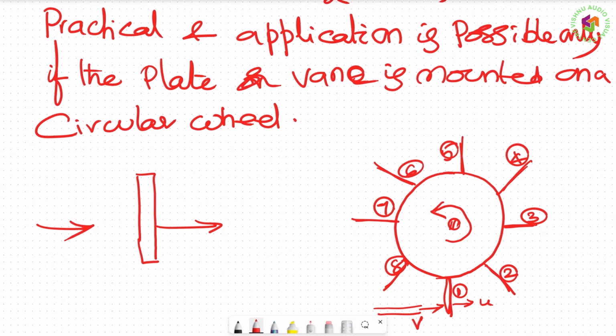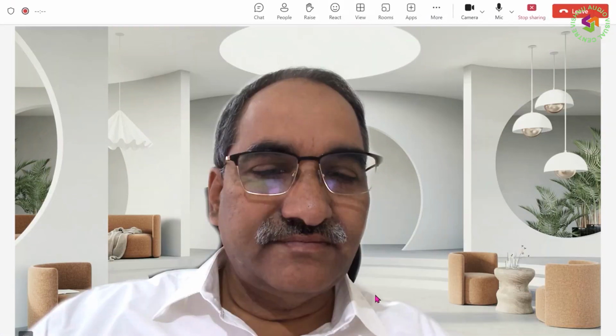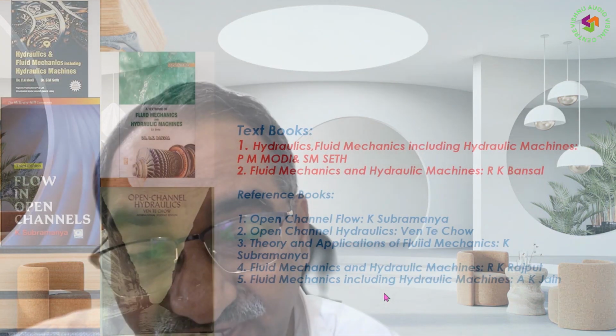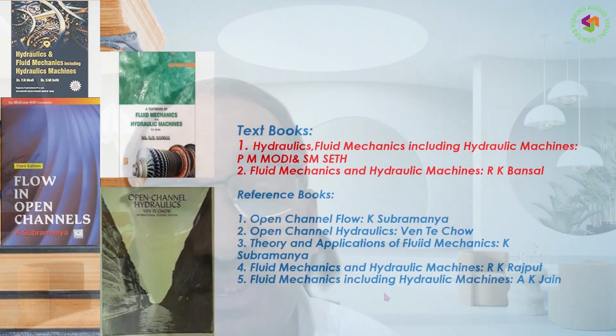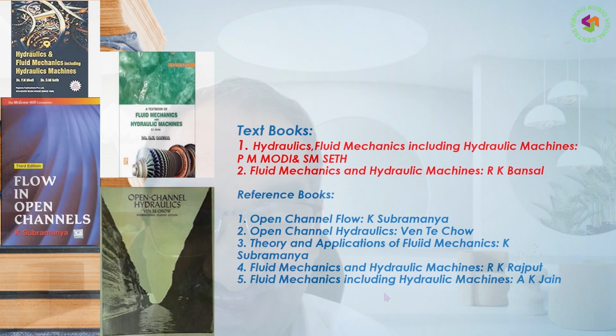I will stop here today, and in the next lecture we will take up the series of flat plates and series of vanes, where I will calculate not only the force, but the work done and the efficiency. After the efficiency, I will calculate the condition for maximum efficiency, and what maximum efficiency I can get.